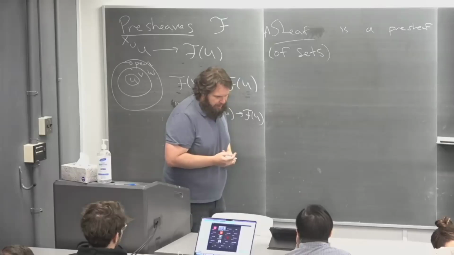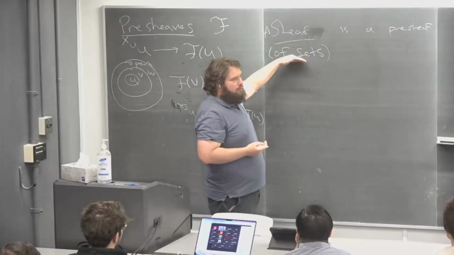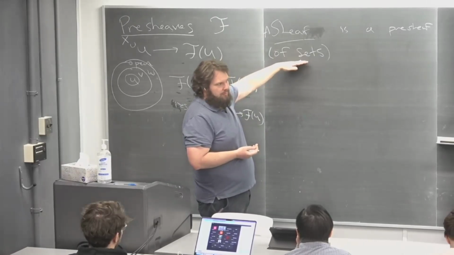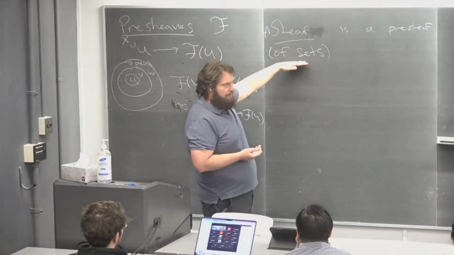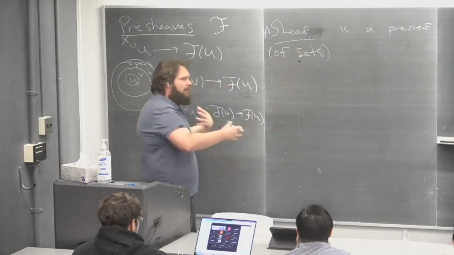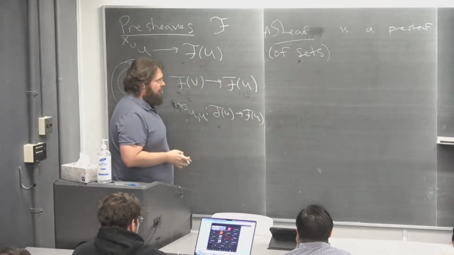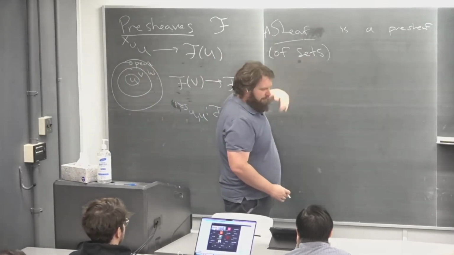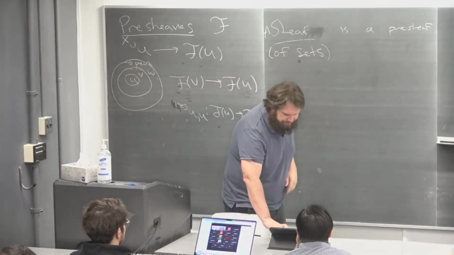So for now, let me talk about a pre-sheaf of sets. Usually we'll be talking about pre-sheaves of sets with extra structure. So sheaves of abelian groups are very popular, and we'll also think about abelian groups with yet more structures, which we haven't talked about yet. But that's the kind of thing you should think about, is either sets or abelian groups.